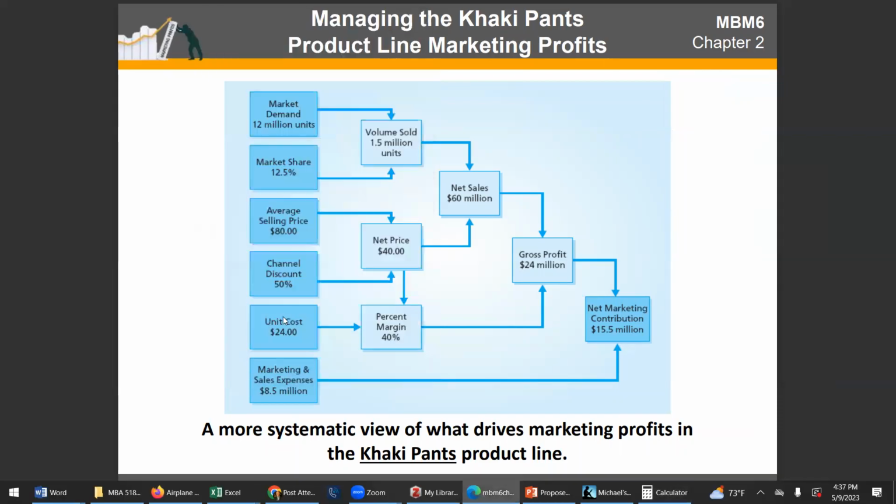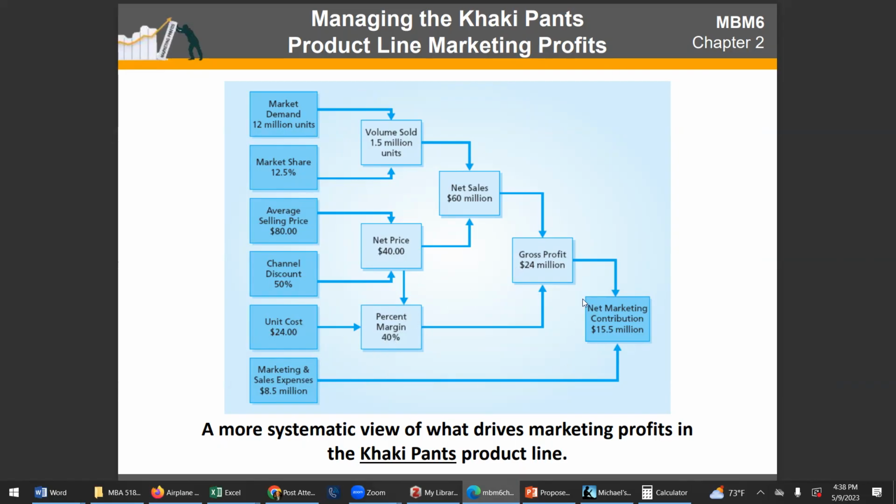So 40 minus 24 is 16. 16 divided by 40, $40, 16 million divided by, excuse me, back up. $16 divided by $40 is 0.4. So there's our margin, right?